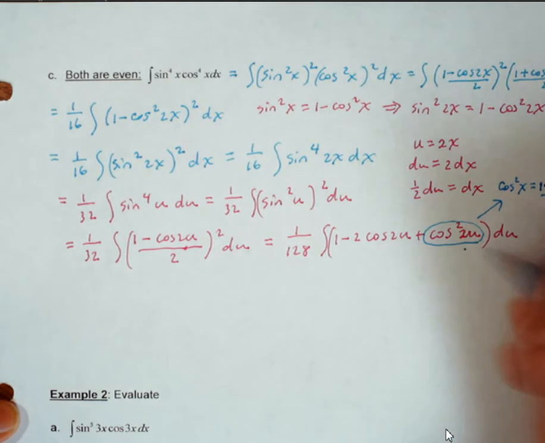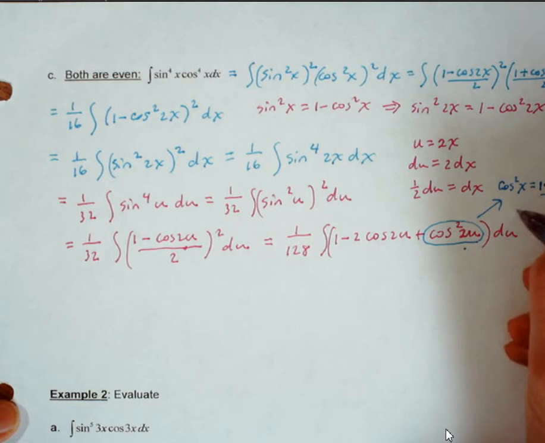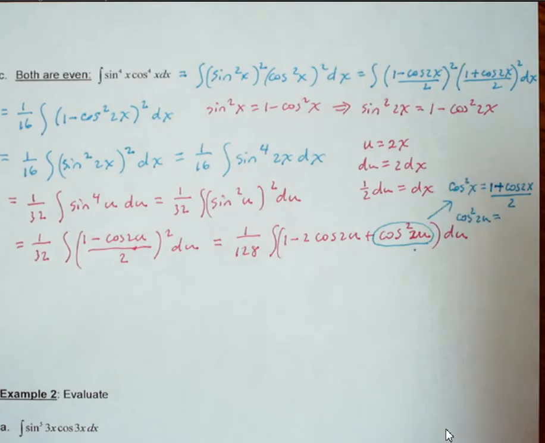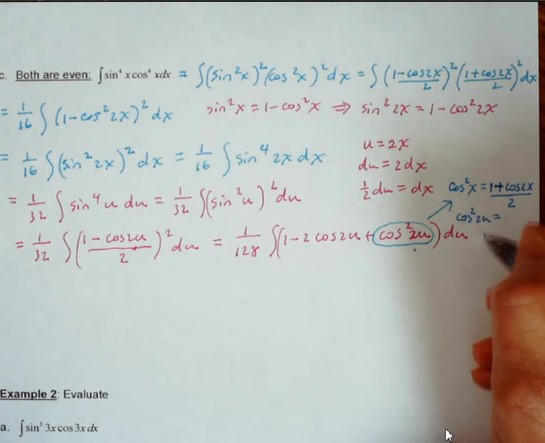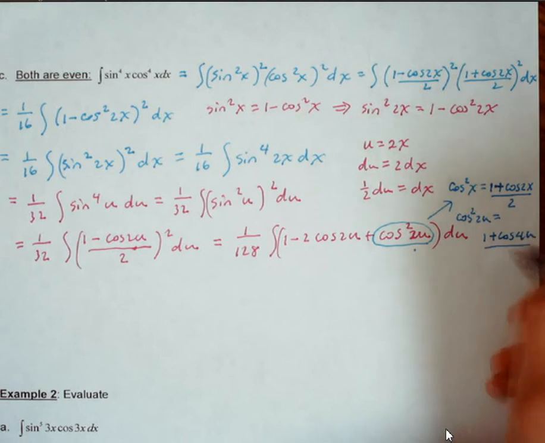So if I make this a 2u, then that gives me cosine squared 2u equals 1 plus cosine of 4u divided by 2.